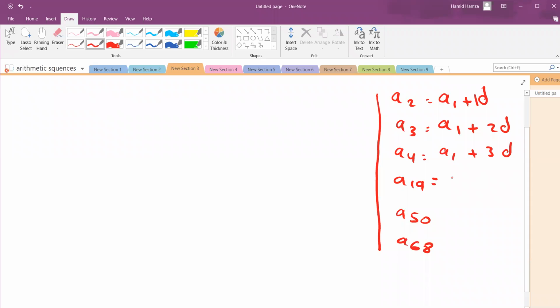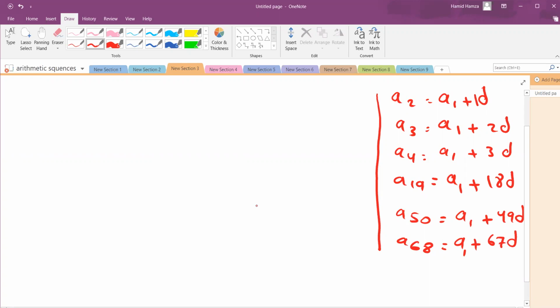For example, A19 is A1 plus, subtract 1 from 19, 18D. A50 means A1 plus, subtract 1 from 50, so it will be 49D. A68 means A1 plus 67D, like this.